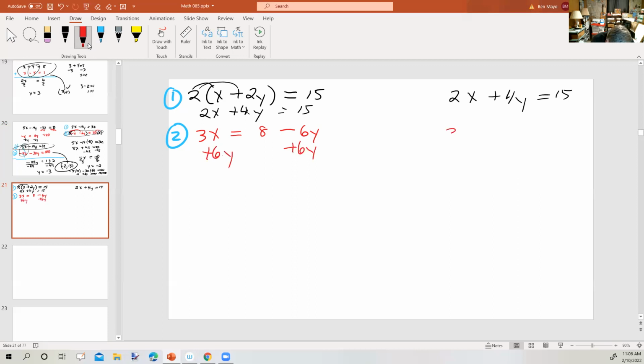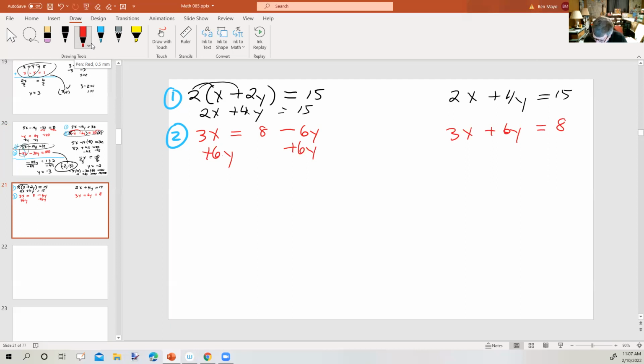So I get 3x plus 6y equals 8. Now, so there's my equations in a nicer form. I've got my x column lined up, my y column lined up, my constant column lined up.